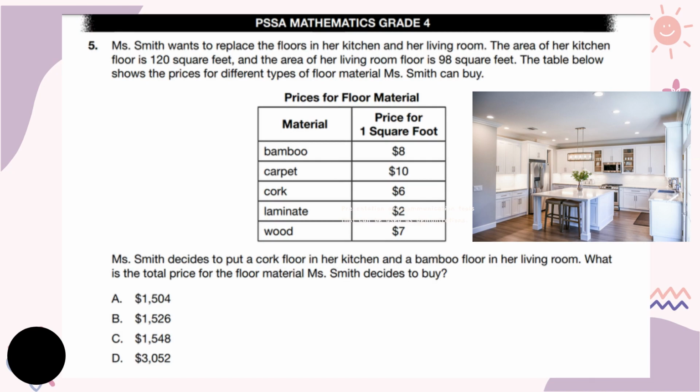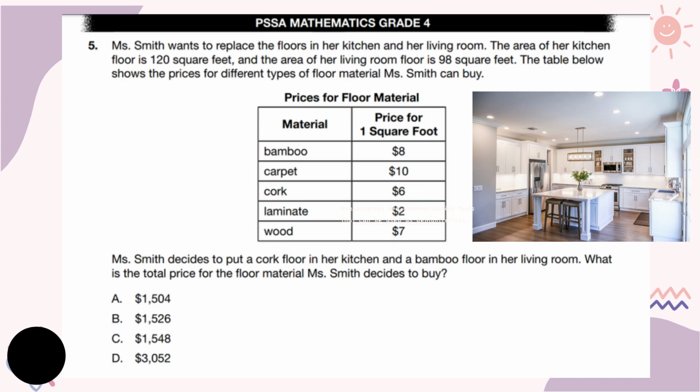Question number 5, that is, Miss Smith wants to replace the floors in her kitchen and her living room. The area of her kitchen floor is 120 square feet and the area of her living room floor is 98 square feet.